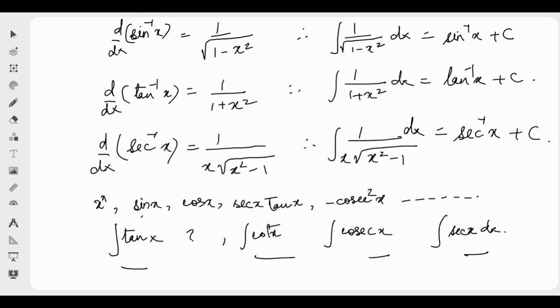Now in this part we are going to find the integral of these functions. For that, first we have to see the integration by substitution. Till now we have done the integration of different functions by simply observing the function and writing its integration.